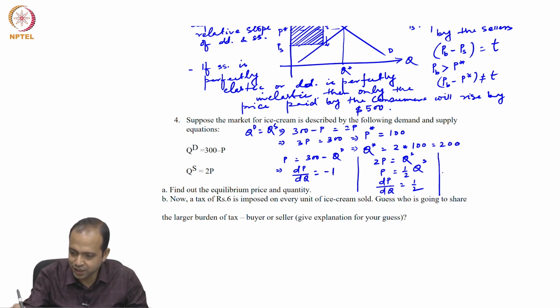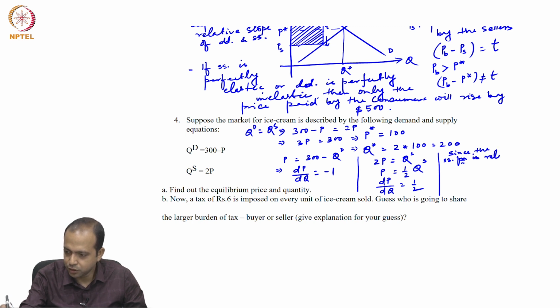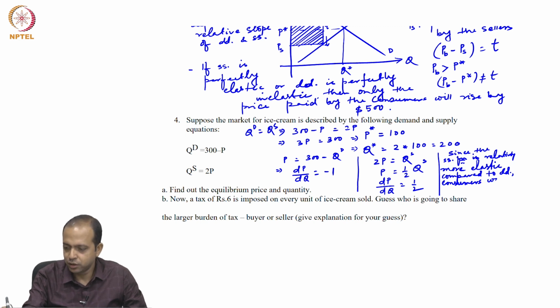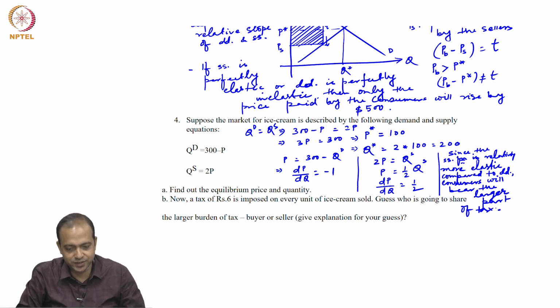So, from there what we can understand, since the supply function is relatively more elastic compared to demand, our guess is that consumers will bear the larger part of the tax. That is our guess. Okay.